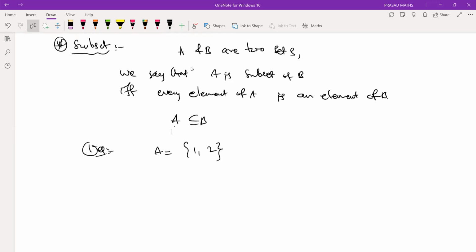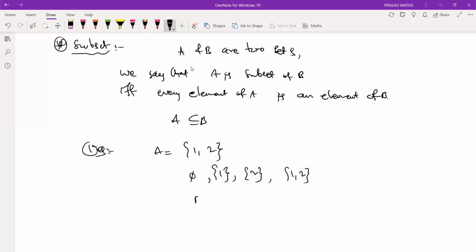Singleton 1 is a subset of A. Singleton 2 is also a subset of A. {1, 2} is also a subset of A. And the empty set. The empty set is a subset of every set, and the set itself is also a subset of itself. Therefore these are my subsets.